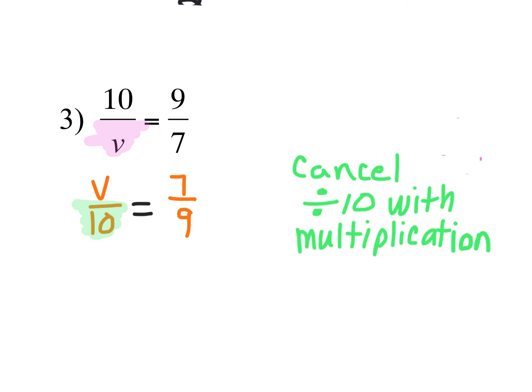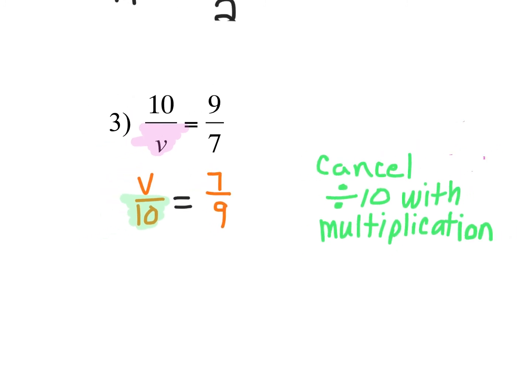So then we're going to have to cancel out that dividing by 10, and we're going to do that by multiplying by 10. And we're going to need to do it on both sides. So those will cancel and leave you with the v that you want to isolate. So we'll do 7 times 10.